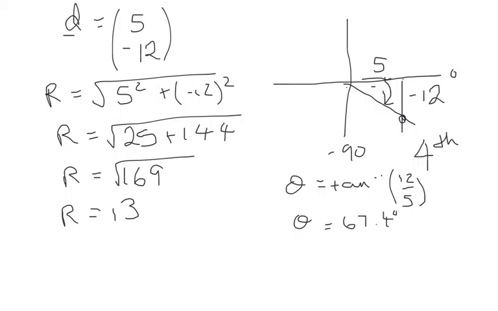That would have been the angle up here in the first quadrant, so we're needing -67.4, because it's its mirror image. Instead of 67.4 that way, we've gone this way, negative. We have 13 angle -67.4 degrees as our answer.